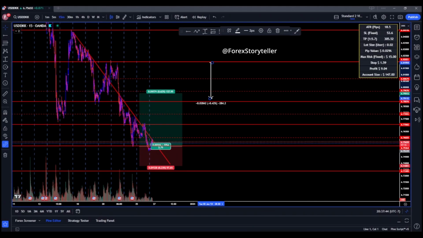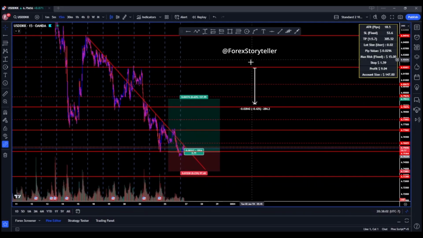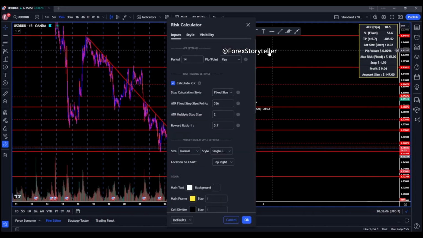So we had 282 pips, and I normally will take 1/3 of that distance, so divide it by 3. And that will give you a number that is 94. So even if you take 300 divided by 3, it gives you about 100. And I'm using a little bit larger stop because it has a lower pip value. This calculator here you can actually find on my TradingView profile.